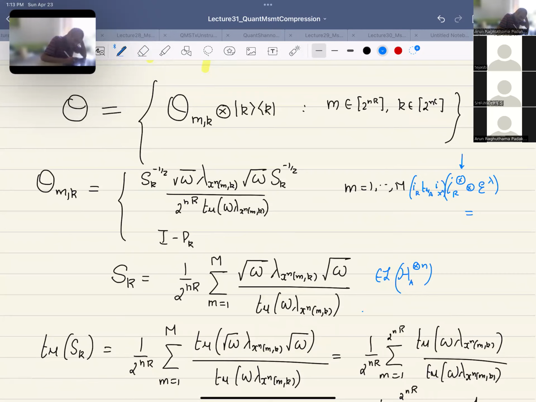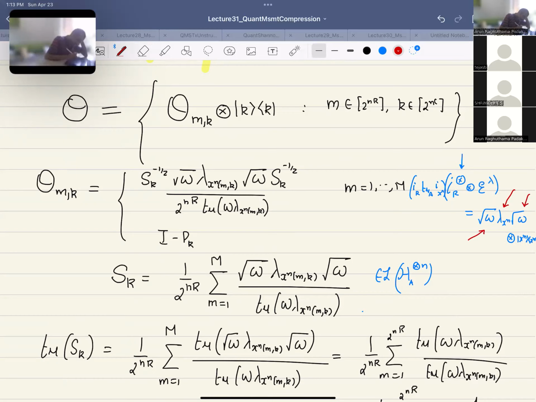What do I get? I get root omega lambda xn root omega tensor xn. So what is happening? The operator is sitting in the middle, and the state with the root is coming on the outer edges, right?